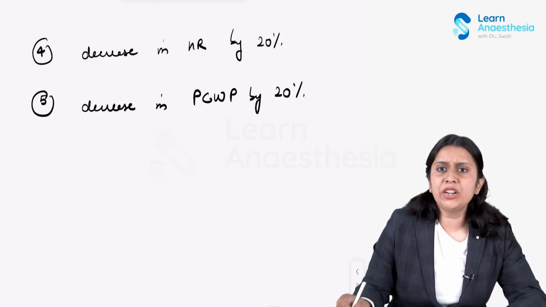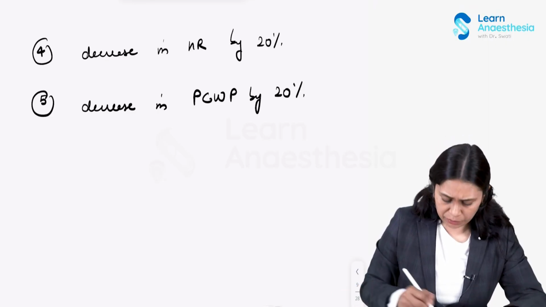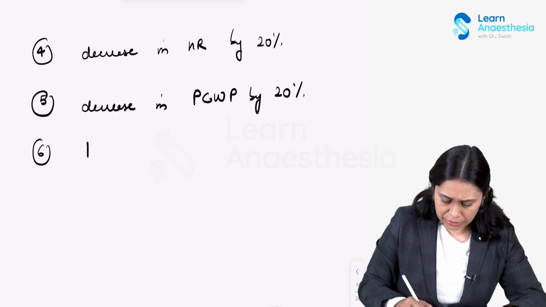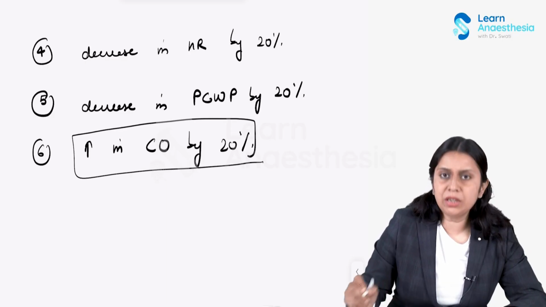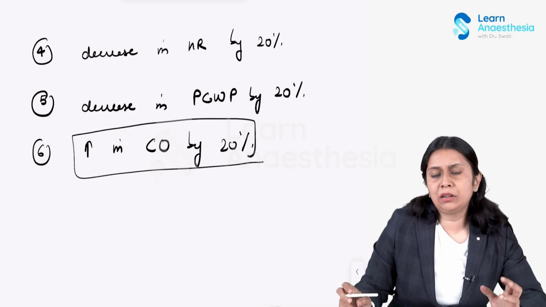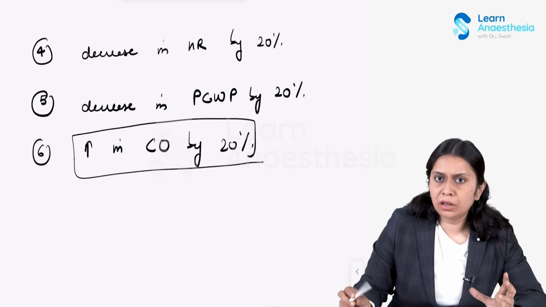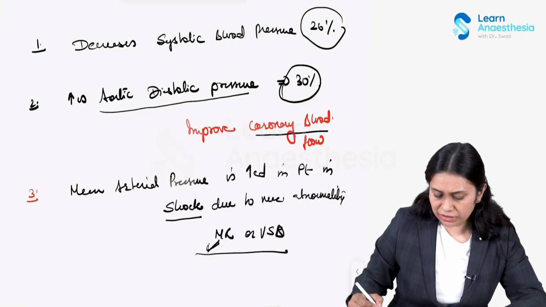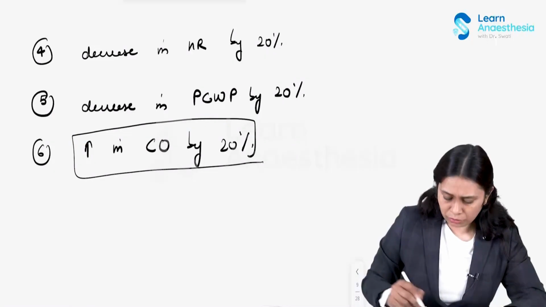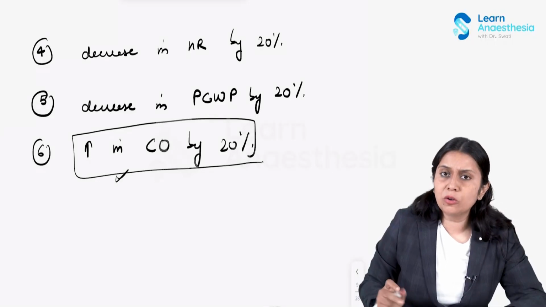So augmentation of cardiac output is seen, an increase of 20%, especially in patients with mechanical complications like mitral regurgitation and ventricular septal defect. So cardiac output is also augmented.